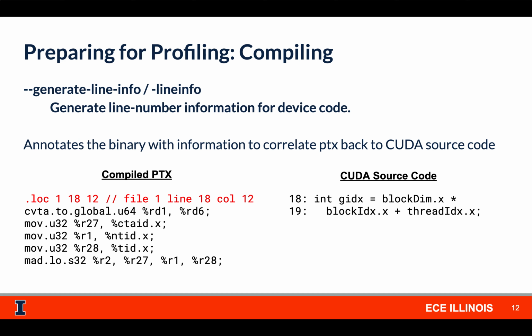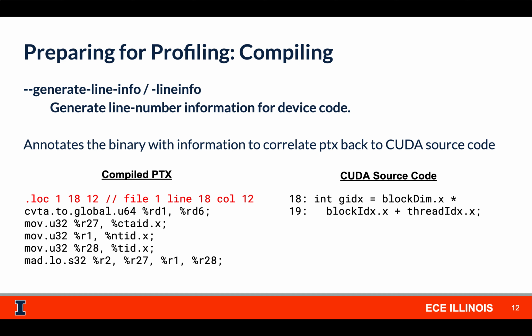Just as an example of what this does, in the assembly code, it will insert little markers that basically say this next region of the assembly code was created from a particular location in the source files. I've pulled this example out of the assembly code for the matrix multiplication. You can see that in the compiled PTX on the left, it's moving the CTA ID and the thread ID into various registers, which is exactly what we're trying to do in the CUDA source code.